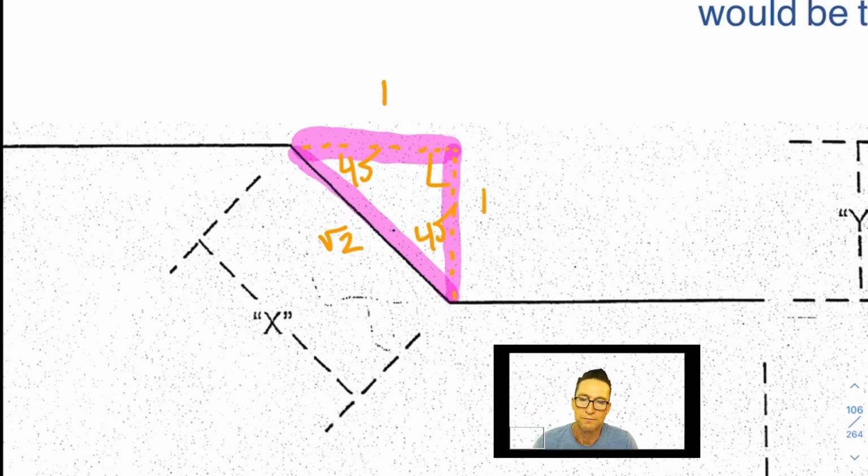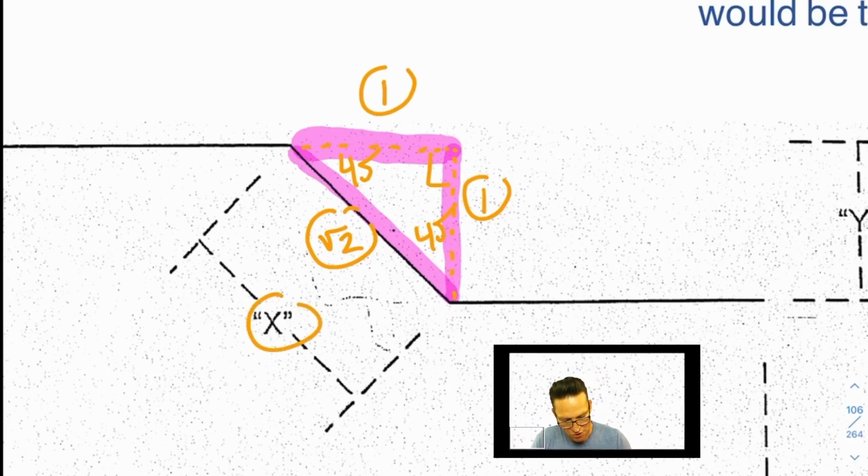It never changes. So over here, what we're saying is this side and this side are going to be equal lengths, and this will always be root 2 times whatever that length is of the other sides. 1, 1, root 2. So we can use that as a ratio to set up any calculation to find out the hypotenuse, which is dimension X.